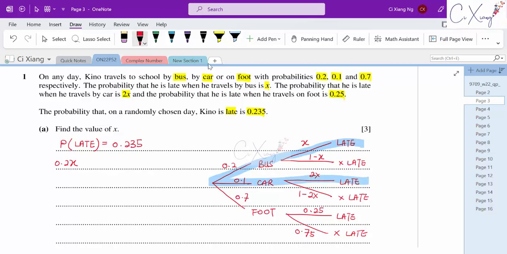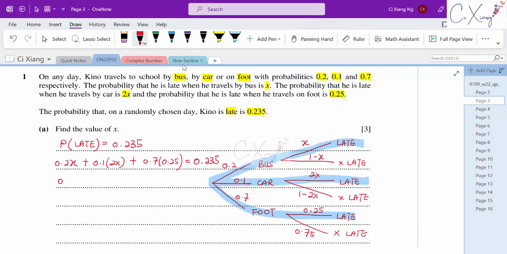This is the second pathway, so we add 0.1 multiplied by 2x. The third case is travel by foot and he is late, so we have 0.7 multiplied by 0.25. The total probability that he is late equals 0.235.